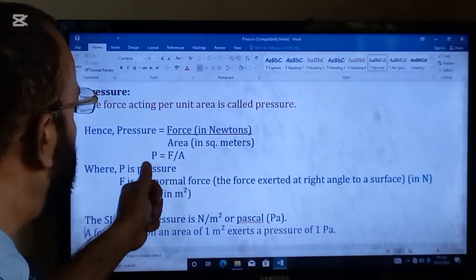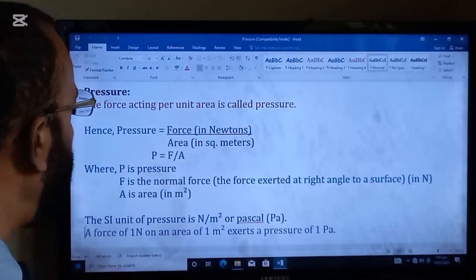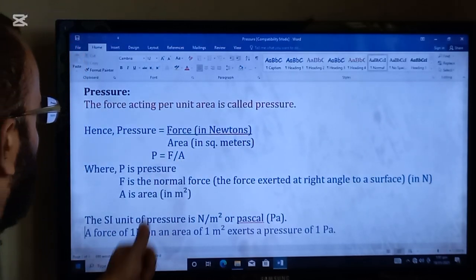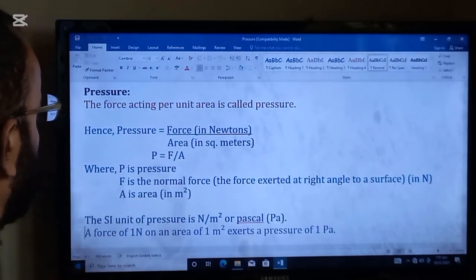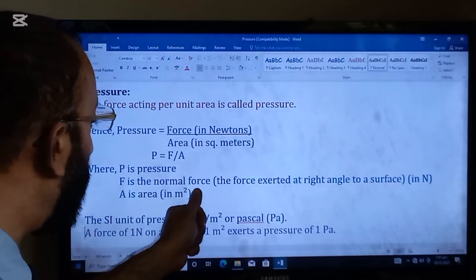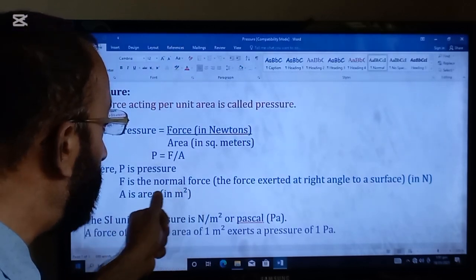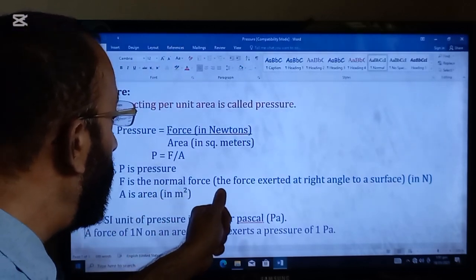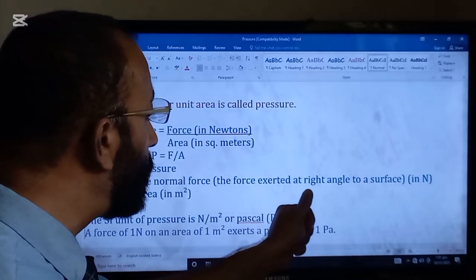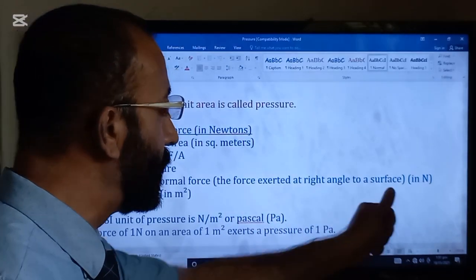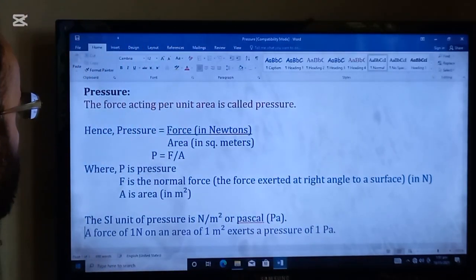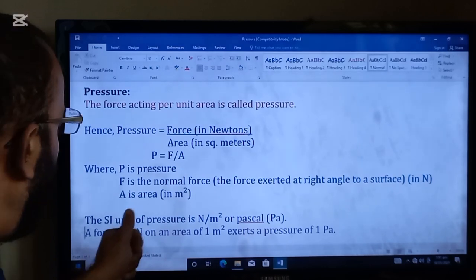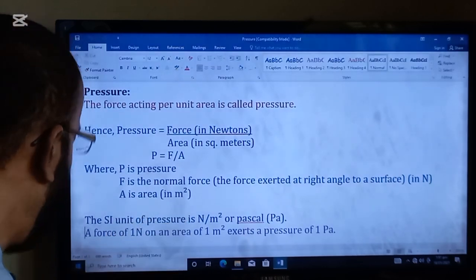And in simple form, P is equal to F over A is the formula, where P is the pressure, F is the normal force, perpendicular force, the force exerted at right angle to the surface in Newton. A is area in meter square.